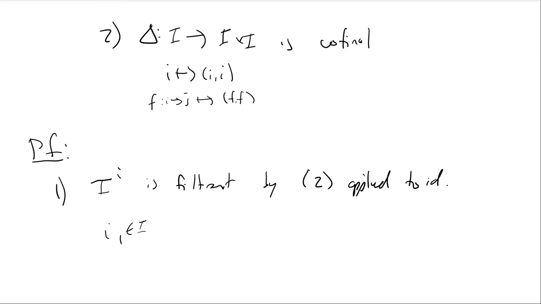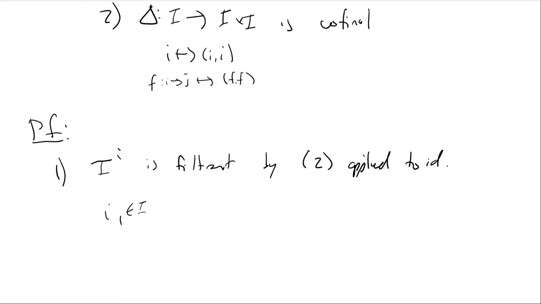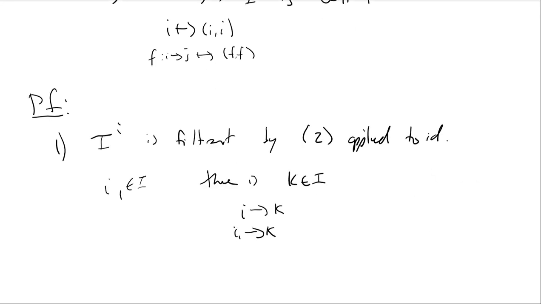So I'm going to call it I1, and then we have the specific i associated to the category I upper i. That's a mouthful in words, but I'm hoping that what I'm about to write makes it clear. So there's a K, and then there are morphisms i to K and I1 to K, because this is filtrant. So we have a morphism which goes I1 to the image of phi of i to K.